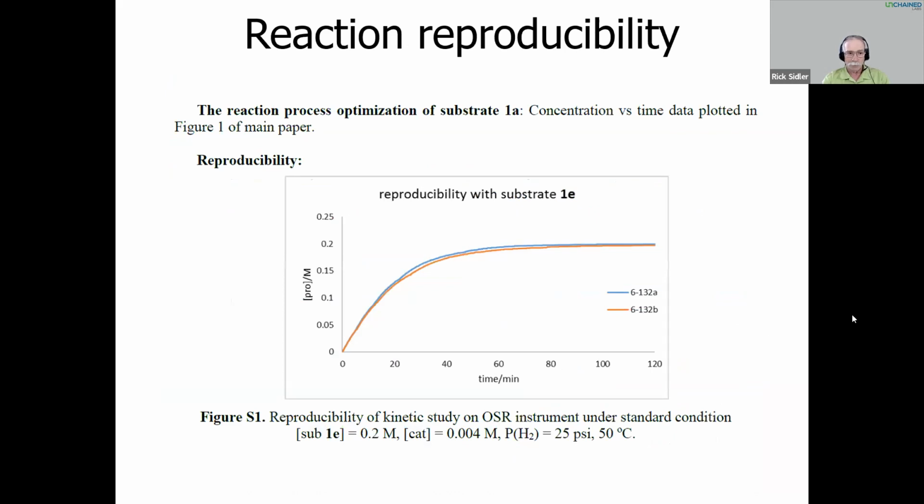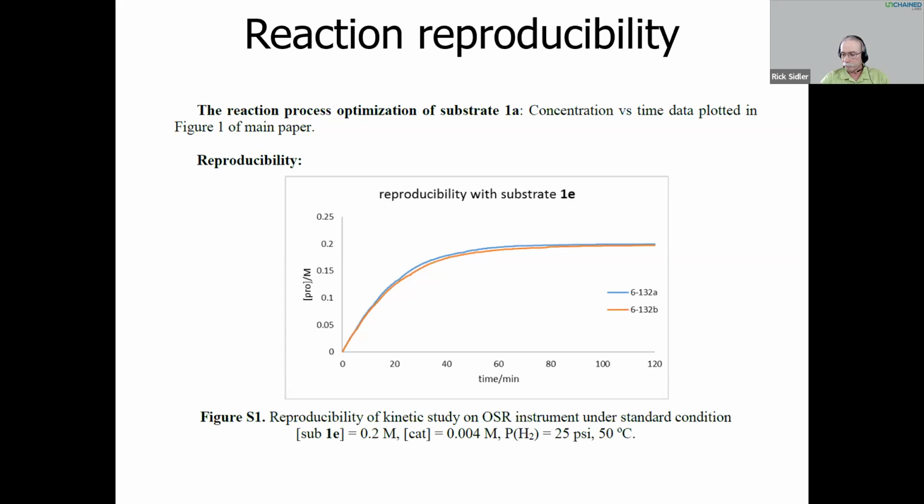So in this example, they're showing duplicate reactions and showing how closely those track as far as formation of product or product concentration as a function of time. And product concentration is measured by real-time gas uptake. And so it's directly related to the product concentration.